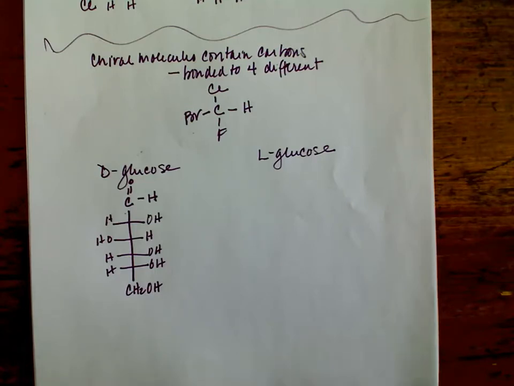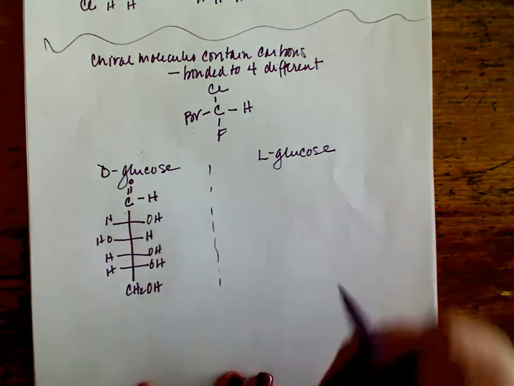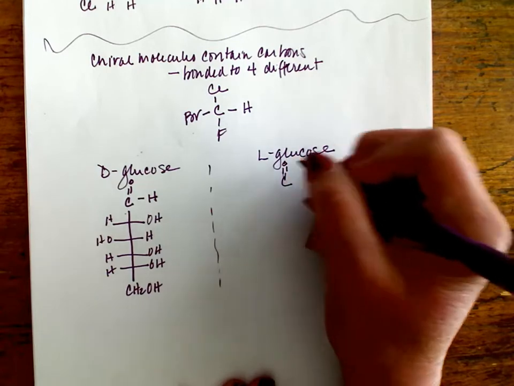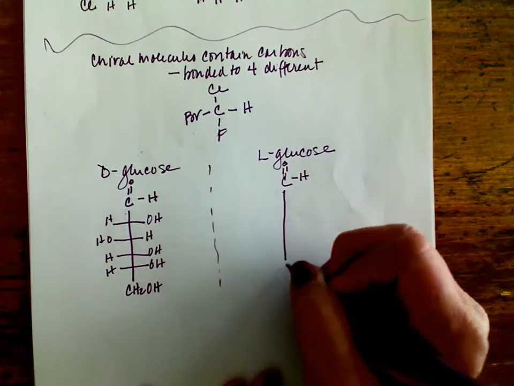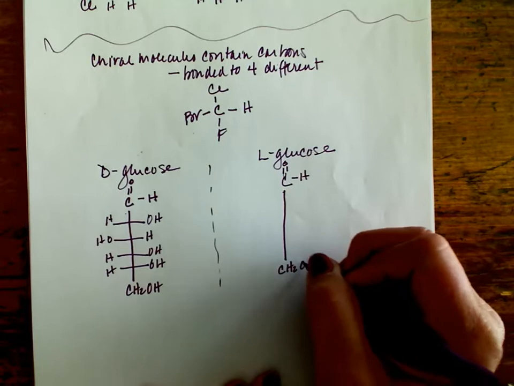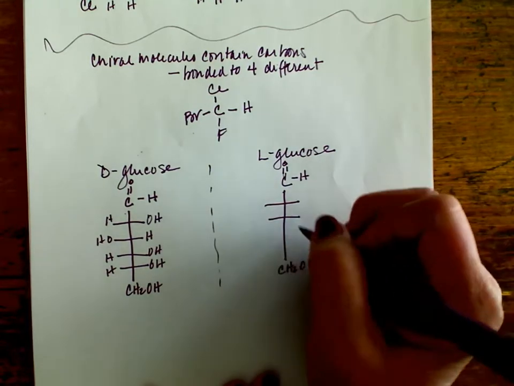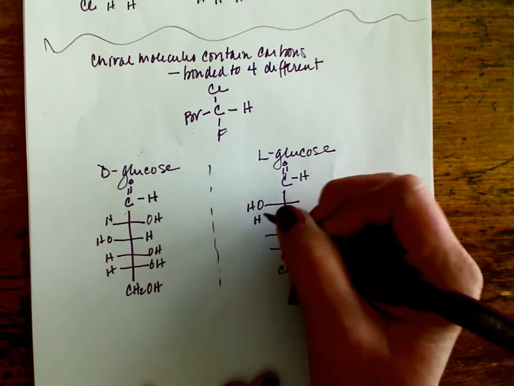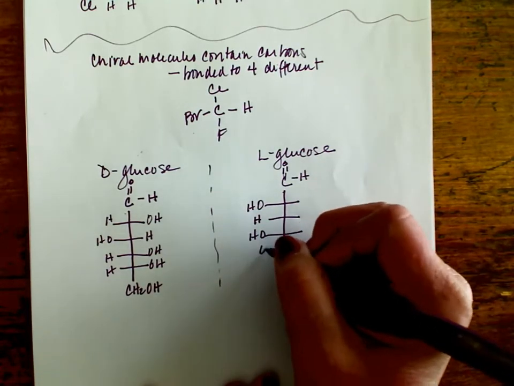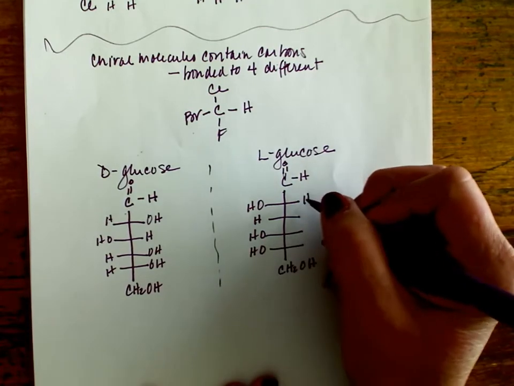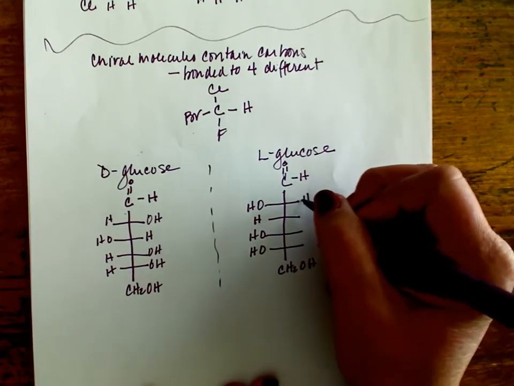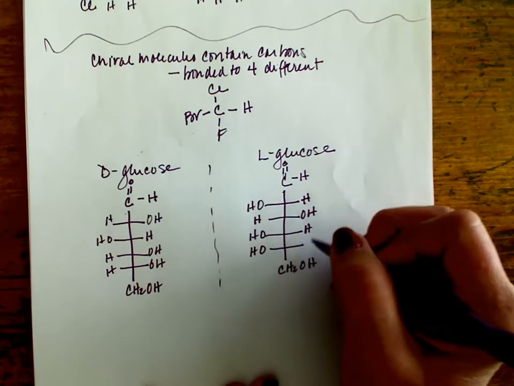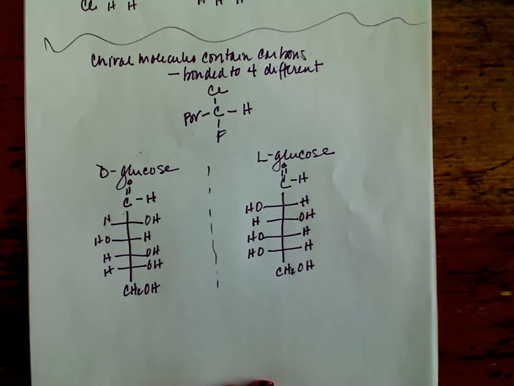So L-glucose is an enantiomer. So pretend this is a mirror. And when I draw the enantiomer, I'm just going to draw the reflection that I would get from that mirror. As so.